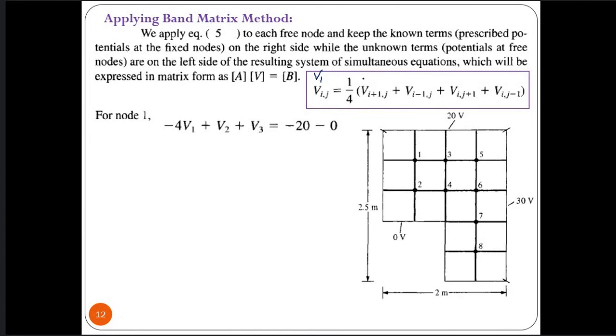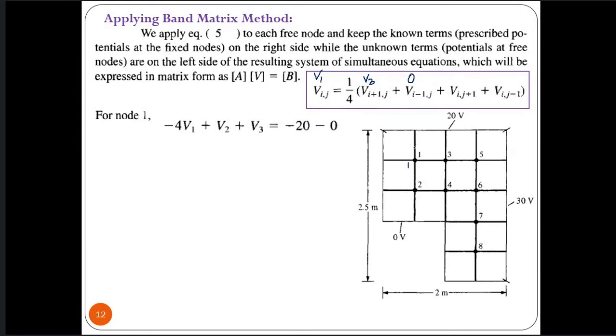Next, what about V of I plus 1 comma j? We want to write it for this node 1, so I plus 1 comma j means it is V3. I minus 1 comma j means it is the fixed node, and I directly write the potential. It is 0 volt.